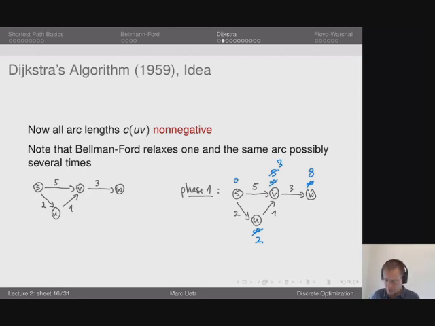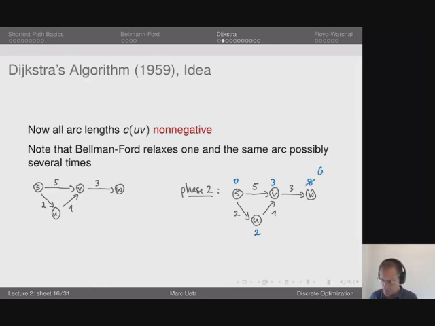So that is what we do in the second phase. So we go over all the edges once more. There is no update necessary along the first edge, but there is actually an update necessary once we process the edge from V to W for the second time. And indeed, when doing that, 3 plus 3 is only 6.